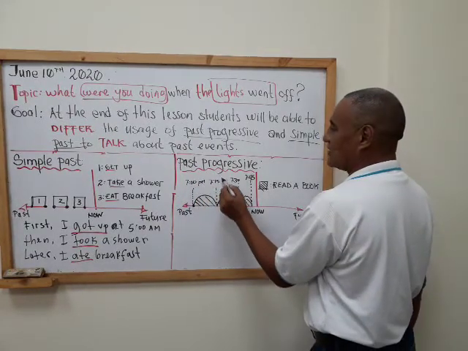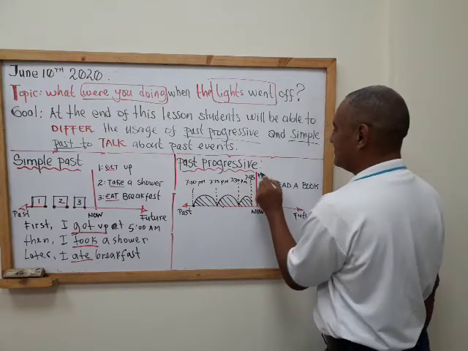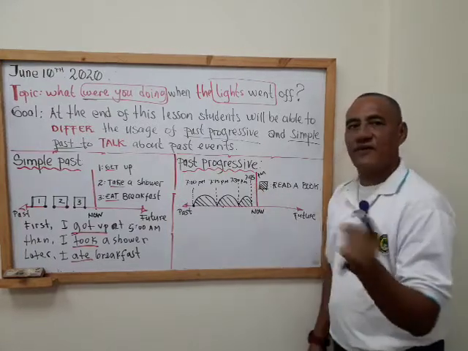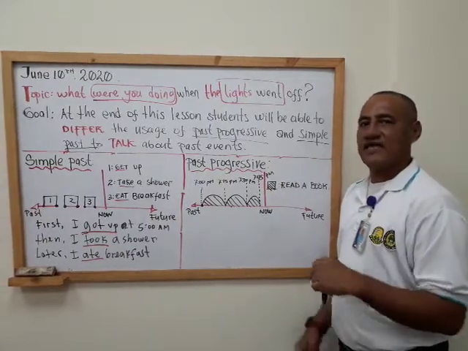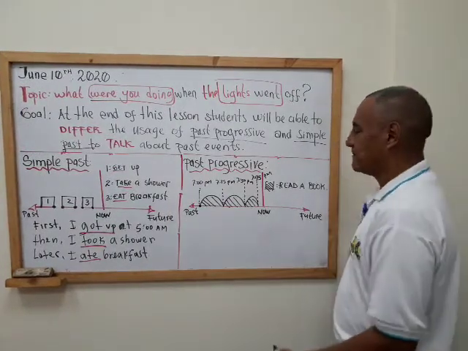At 7 p.m. All of this is p.m., right? And I finished at 7:45. Right? I spent 45 minutes reading a book.